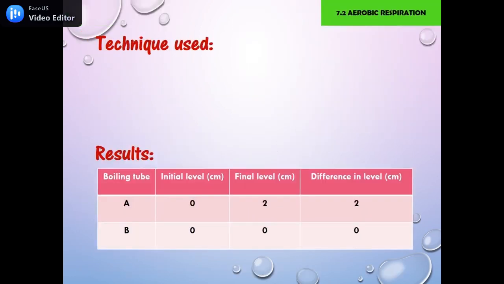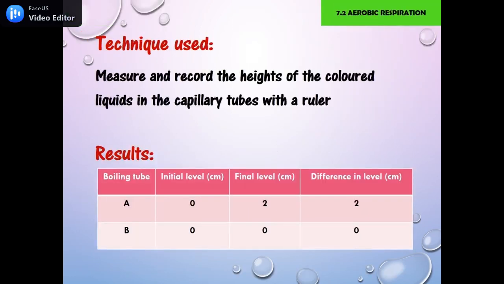Technique used: measure and record the heights of the colored liquid in the capillary tube with a ruler. Result. Boiling tube A, initial level 0 cm, final level 2 cm, difference in level 2 cm.